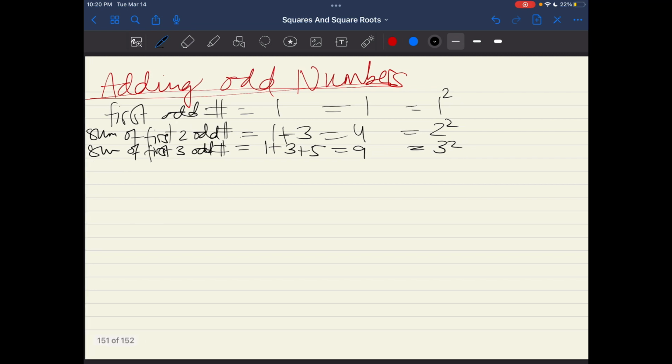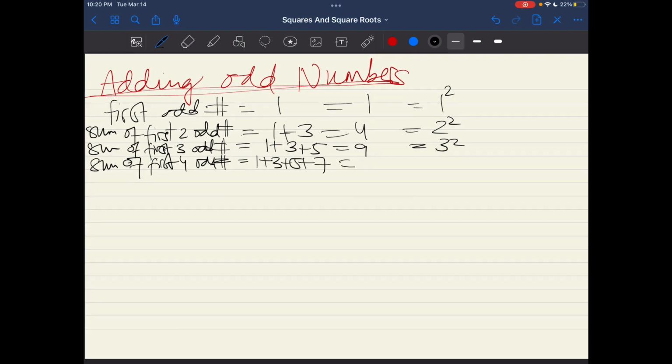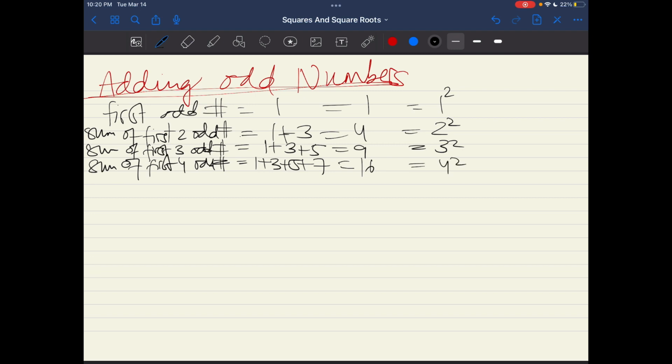Then sum of first four odd numbers is 1 plus 3 plus 5 plus 7, which is 16, which is 4 squared, right? If we keep going, then sum of first n odd numbers is 1 plus 3 plus 5 plus up to n terms equals n squared, right?